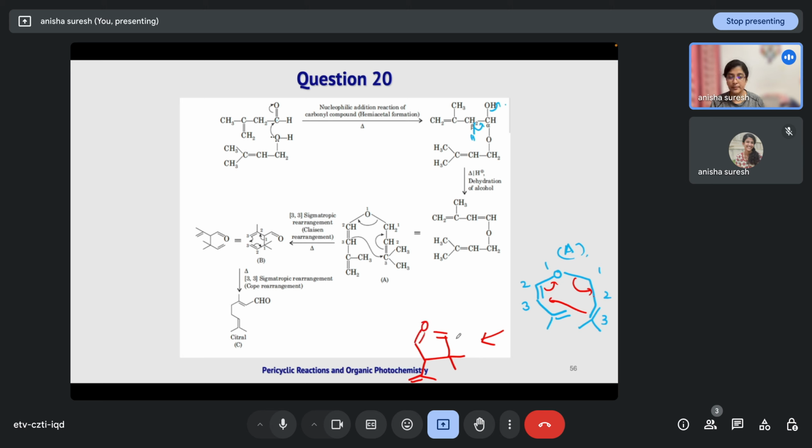Okay, this is the product that will be forming: aldehyde, double bond CH3 and vinyl. And this can be redrawn like this.